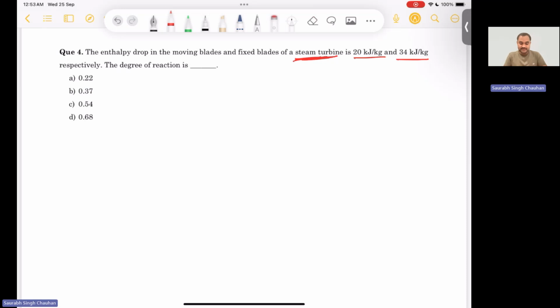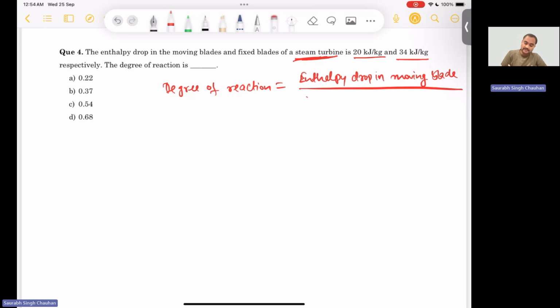In steam turbines, you have studied the degree of reaction. How do we define degree of reaction? Degree of reaction is defined as enthalpy drop in moving blades divided by total enthalpy drop.